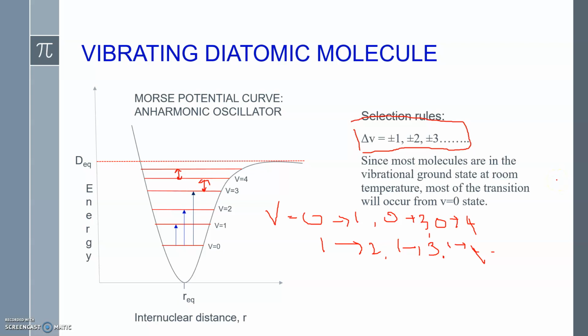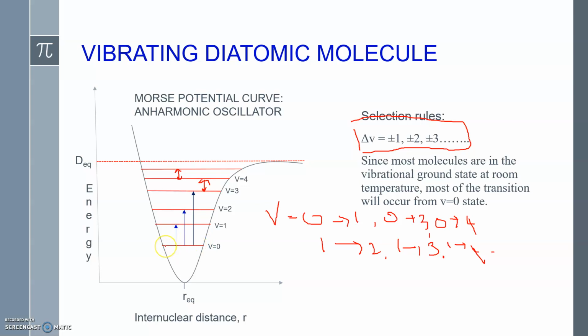All the transitions are allowed according to the anharmonic oscillator model. But most of the molecules are in the vibrational ground state at room temperature.